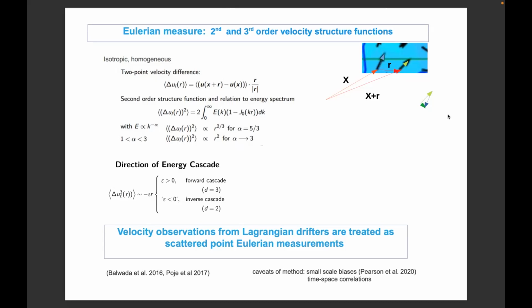But of course, this method has some caveats, like small scale biases because the drifters are trapped in converging structures. This is something Pearson analyzed. And we also have what I call time-space correlation, because you have a drifter bunch, you release it in the ocean, and in the beginning it measures small scales at small times, and larger scales after some time it measures the larger distances.